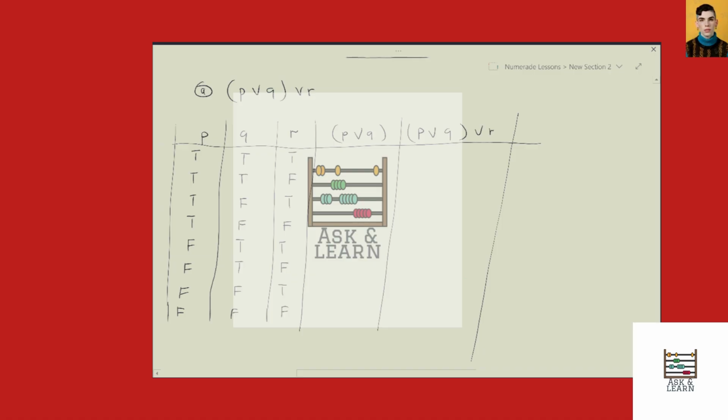If one of them is true, then the disjunction will be true. So here we have true. Two of them are true, so here we have true again. We have true again, and true again. We have true again. We have false because none of them is true.